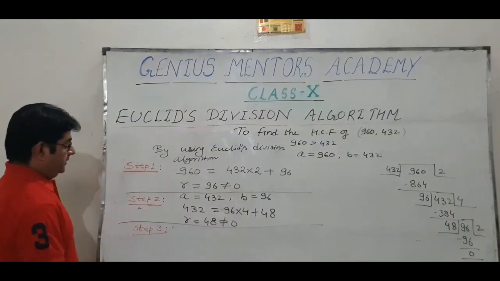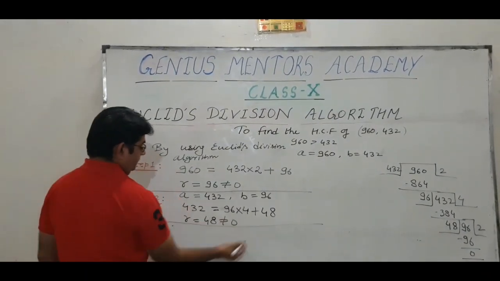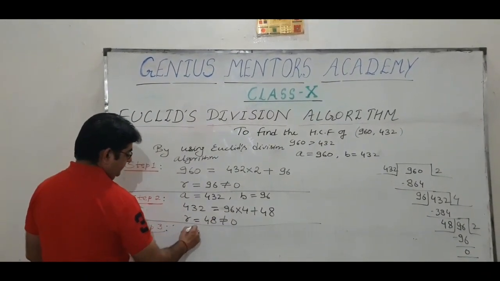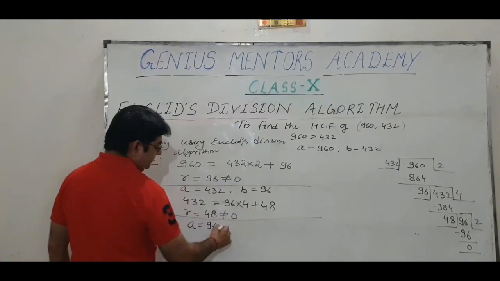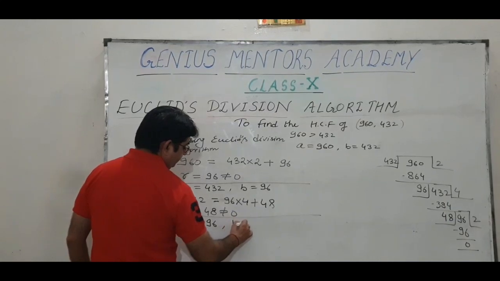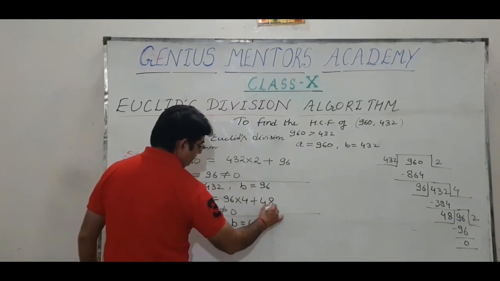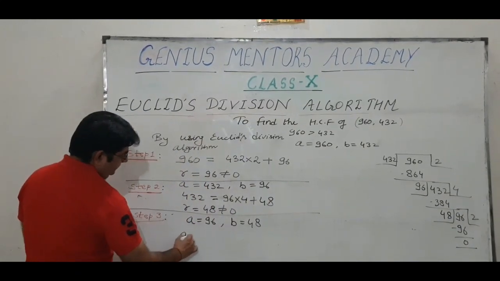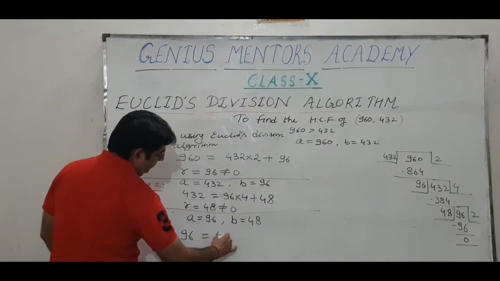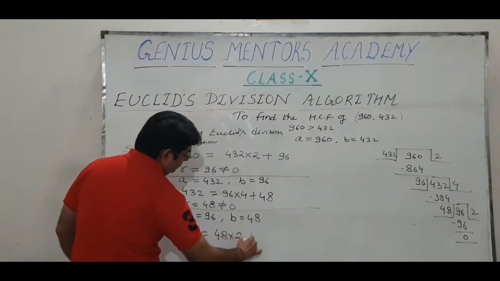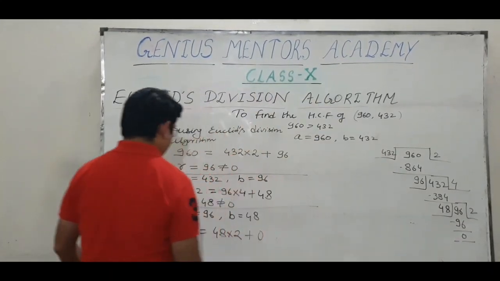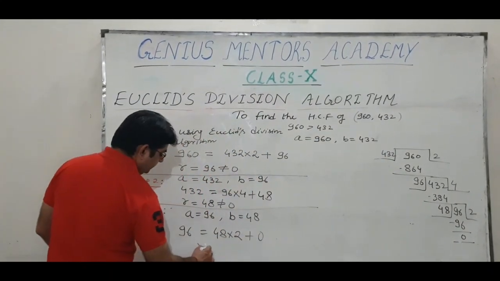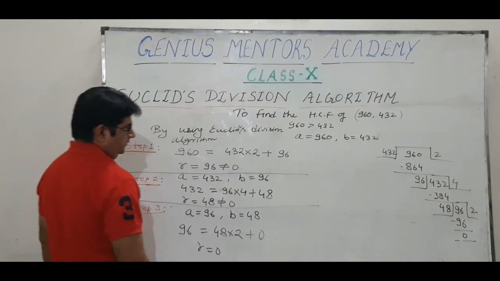So now in step 3, 96 is dividend and 48 is divisor. So 96 is equal to 48 multiplied by 2, and here in step 3 the remainder is 0.